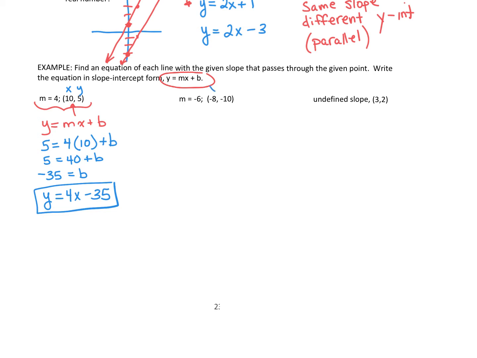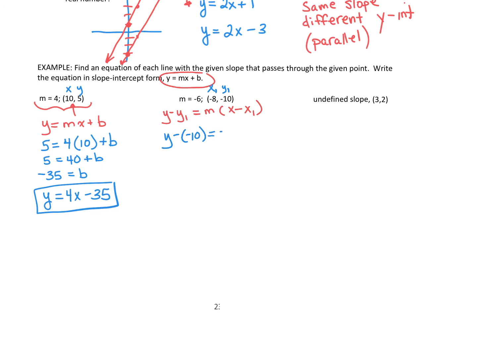Now, this one I'm going to do slightly differently. I'm going to use the point-slope form of the equation. y minus y1 is the slope times x minus x1. And I'm still going to plug in everything I know, but I'm going to put this x, y in for x1 and y1 because the x and the y are what are going to show up in my equation. So in for the y1, I'm going to put negative 10.